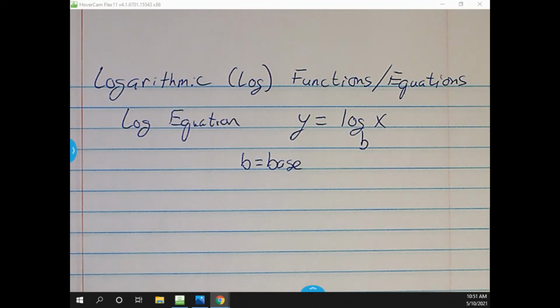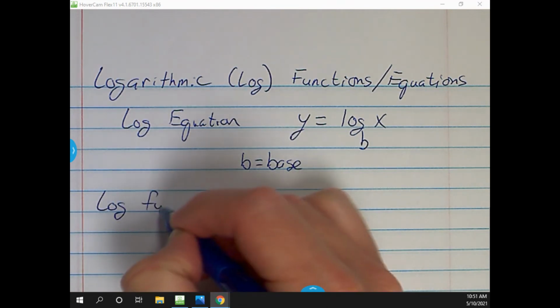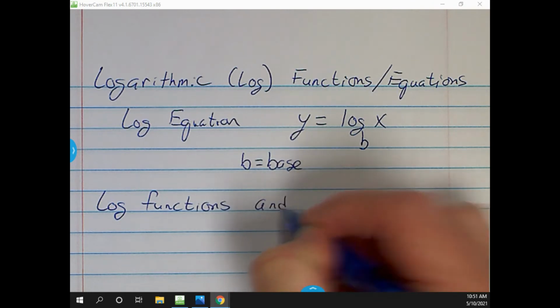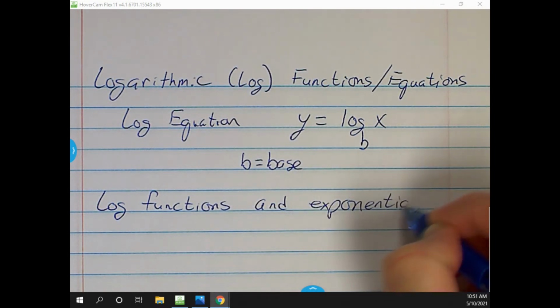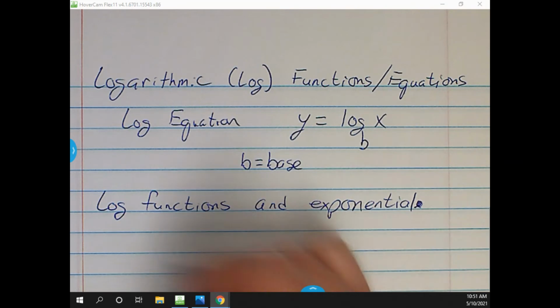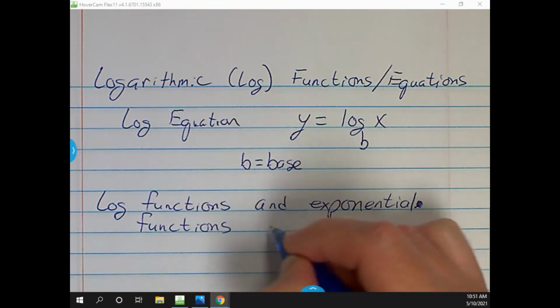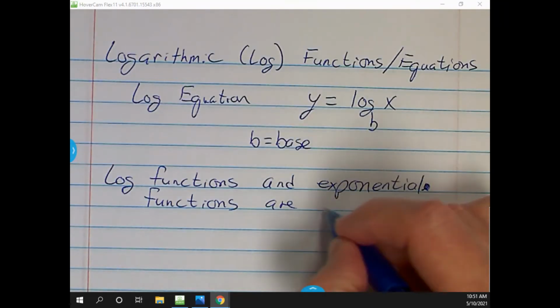They'll kind of go back and forth on these, and we'll show you how to work through these. When we talk about log functions or log equations, log functions and exponential functions are inverses of each other.